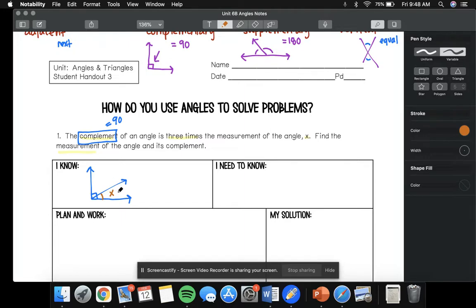Its complement, or what makes it 90 degrees, is 3 times that. So I know we have a 90-degree angle, and I have an angle and another angle that makes 90 degrees. What I need to do is find the measurements of them.